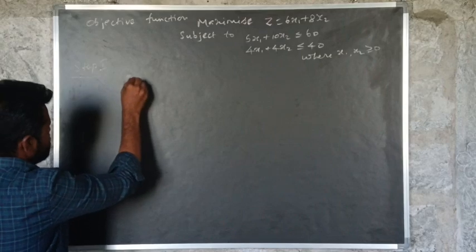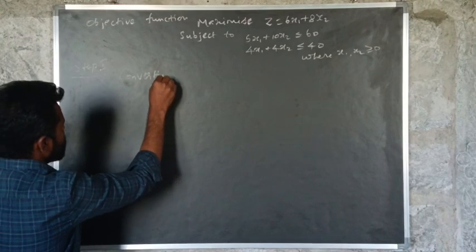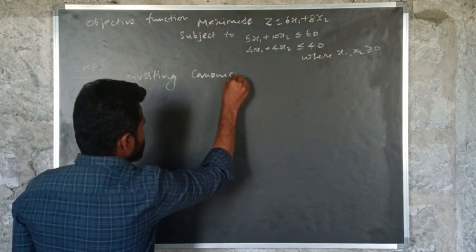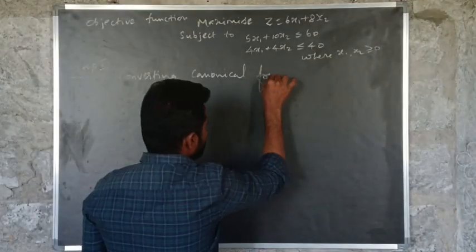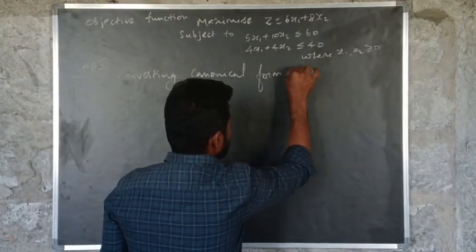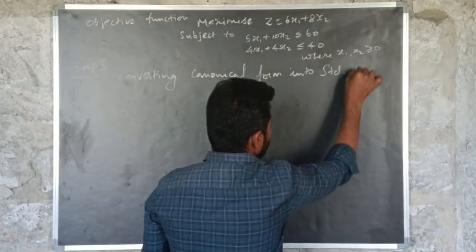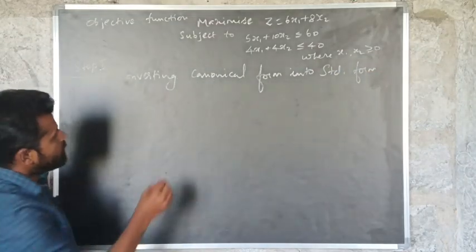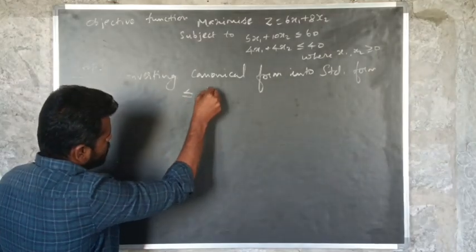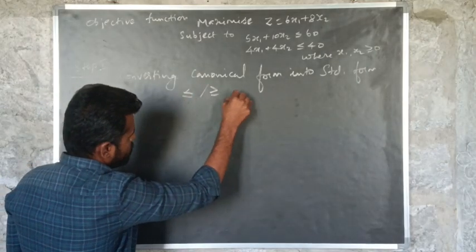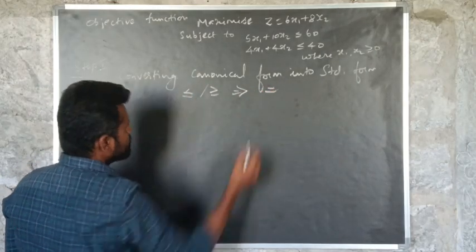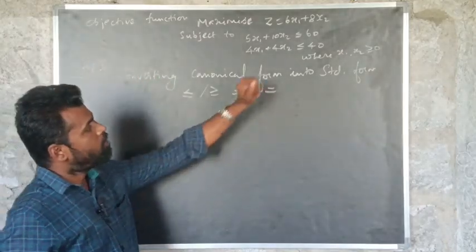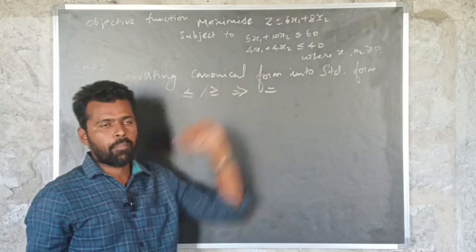Converting canonical form into standard form means we are going to convert the less than or equal to or greater than or equal to type into equality. In the simplex method, generally all constraints come in the less than or equal to type.